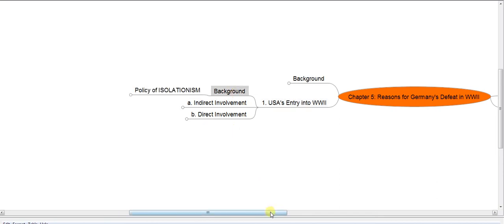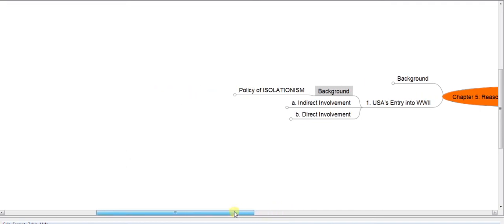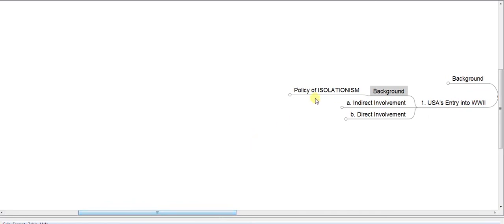Because of things like the Great Depression and the horrors of World War One, America pursued a policy of isolationism. They isolated themselves from Europe. They didn't want to get involved in issues in Europe, and in another foreign war.